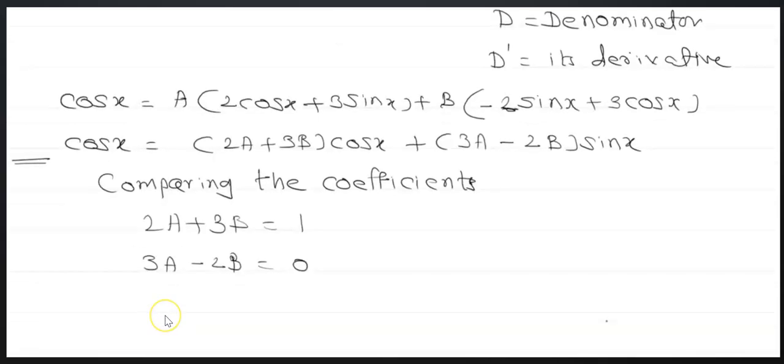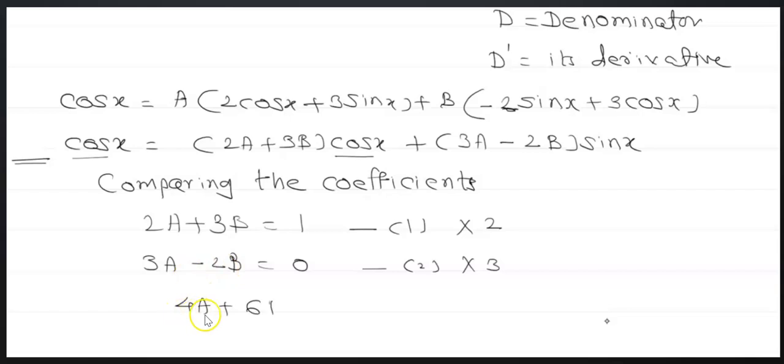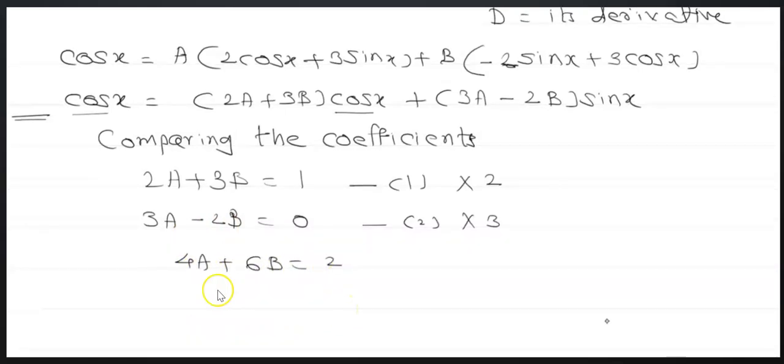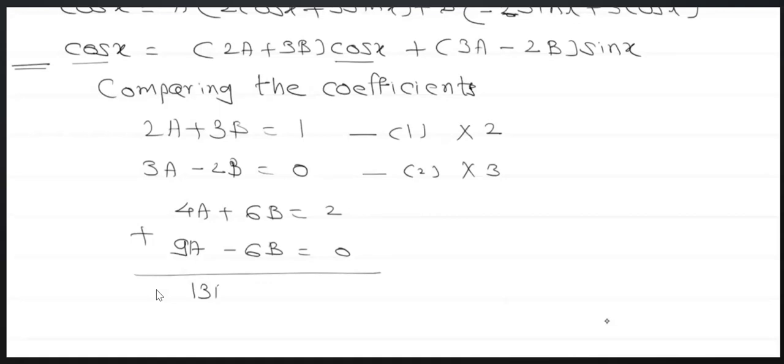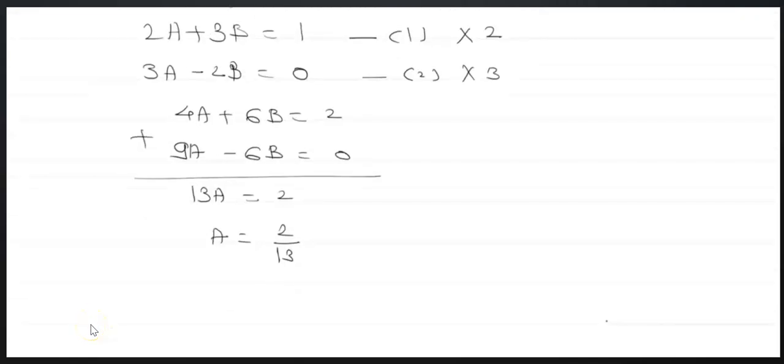Now solve these two equations simultaneously. This is equation 1, equation number 2. Multiply equation number 1 by 2 and equation 2 by 3, that is 4a plus 6b is equal to 2, and 9a minus 6b is equal to 0. Add these two equations, that is 13a is equal to 2, therefore a is equal to 2 upon 13.